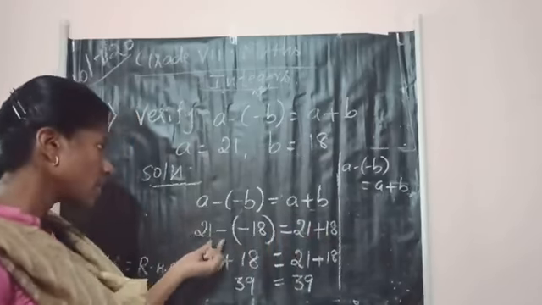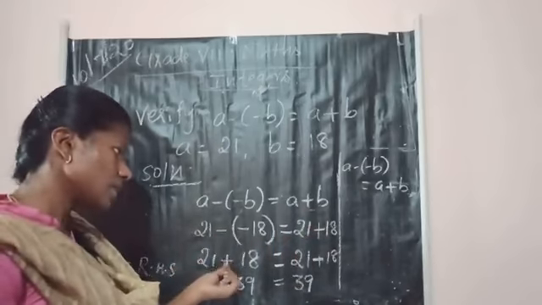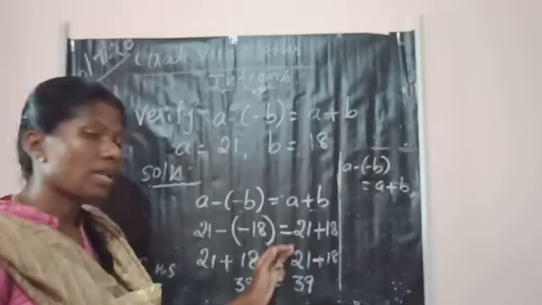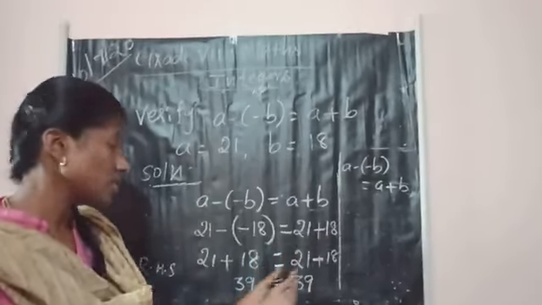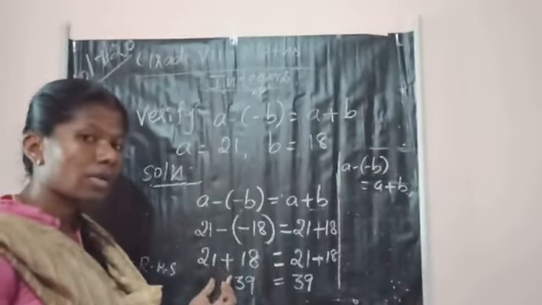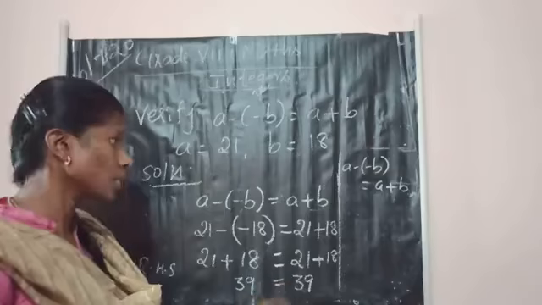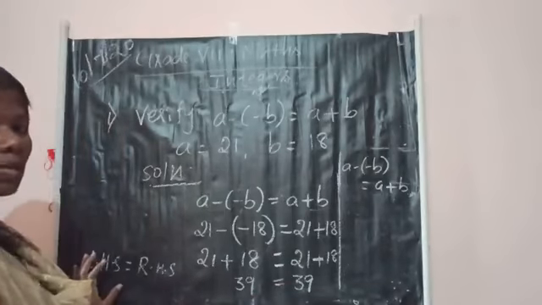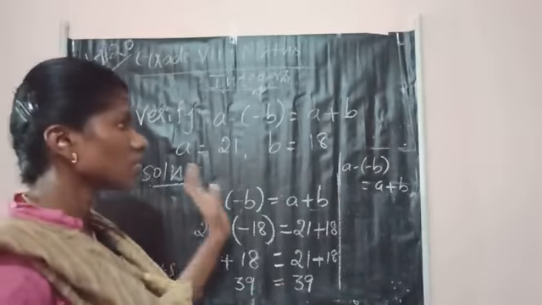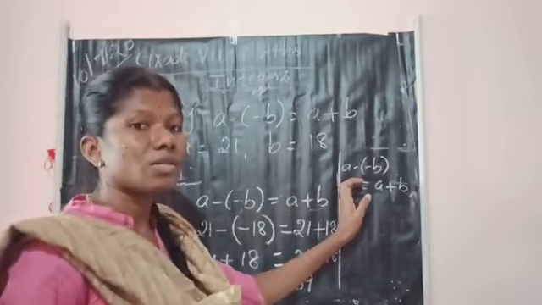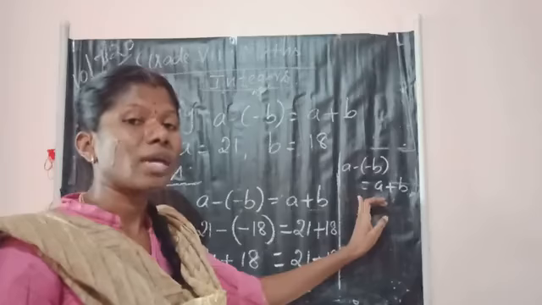Minus into minus is plus, so 21 plus 18. When you are adding on the left hand side, you are getting 39, and on the right hand side you are getting 39 too. So LHS is equivalent to RHS. So we just verified that a minus of minus b is equivalent to a plus b.